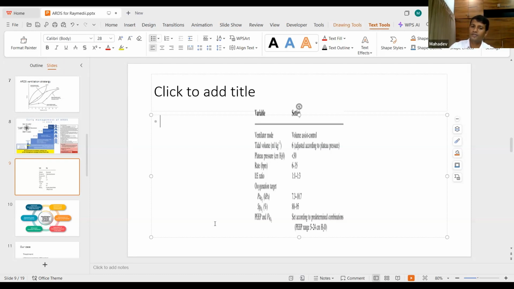IE ratio we can start with 1:2, and if it is difficult to ventilate, we can go into 1:1 or even reverse ventilation. We don't use reverse ventilation now because it is hardly needed, and if you use it there will be hypercapnia, and then carbon dioxide narcosis can happen.